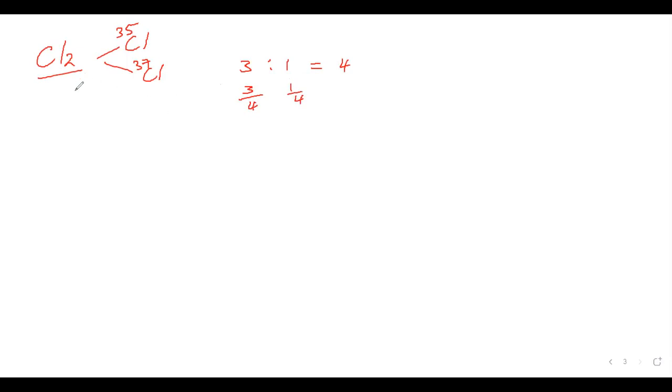So if a chlorine molecule is formed, it could either be formed from both isotopes chlorine 35, and so we get chlorine molecule 70.